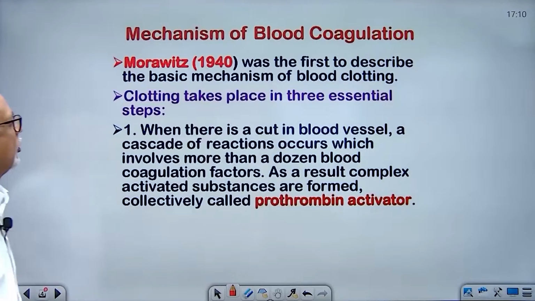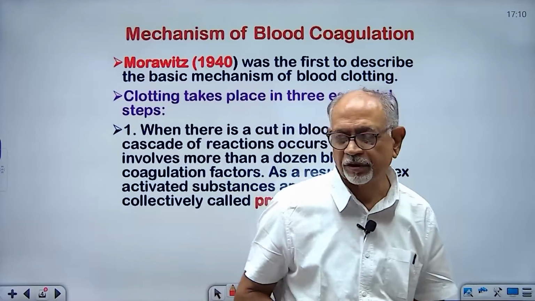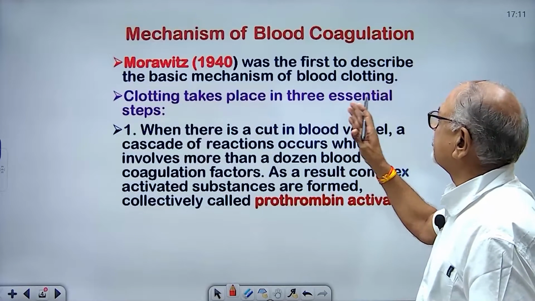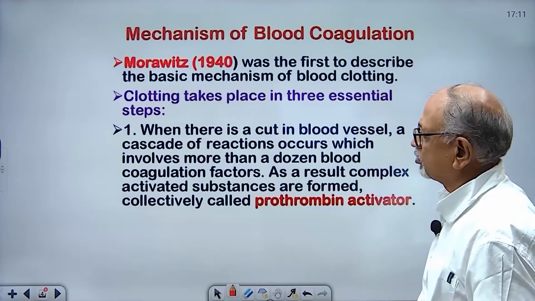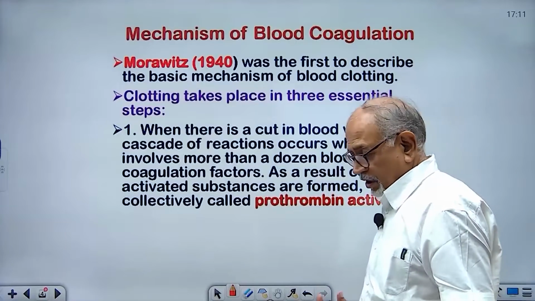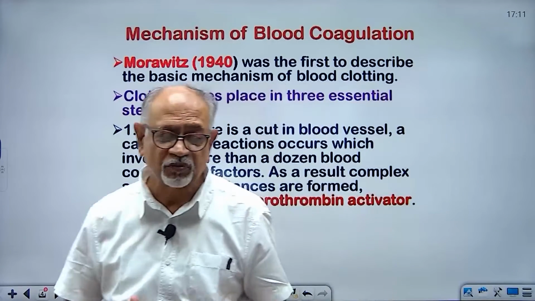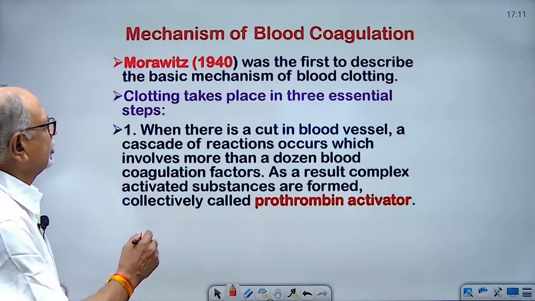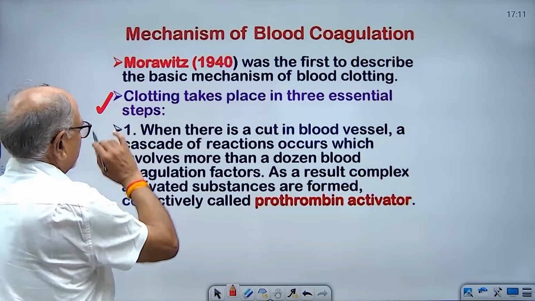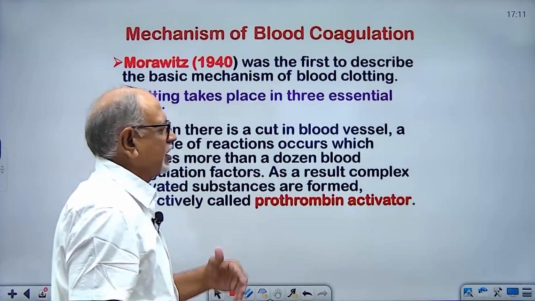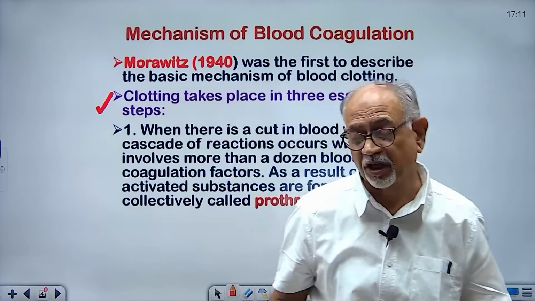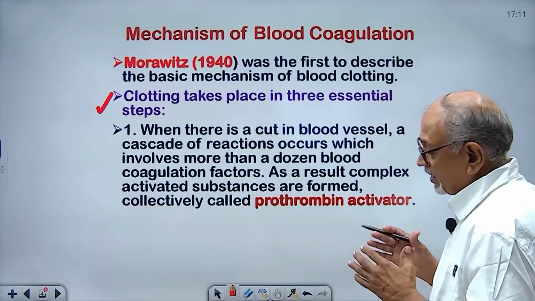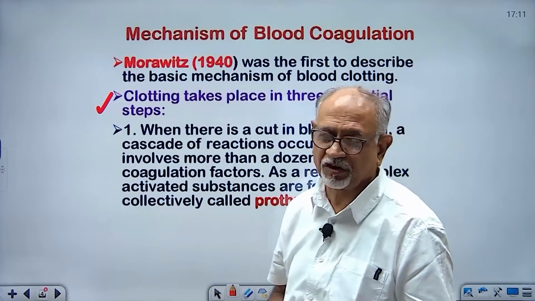So, first of all, Morowitz studied the basic mechanism of blood clotting. Blood clotting takes place in three essential steps. When there is a cut in a blood vessel and blood starts flowing, a cascade of reaction starts.